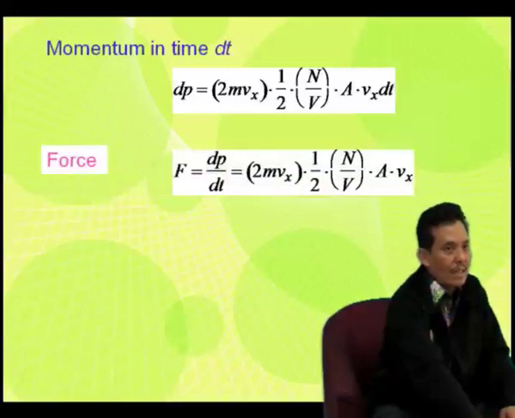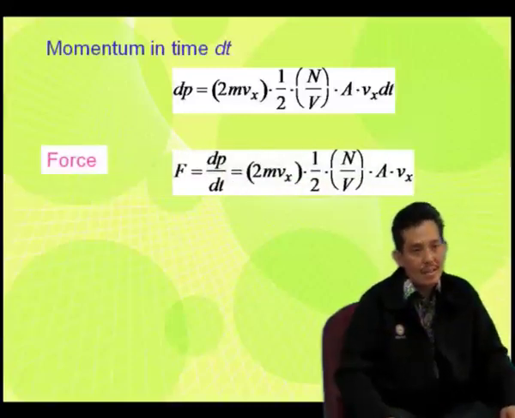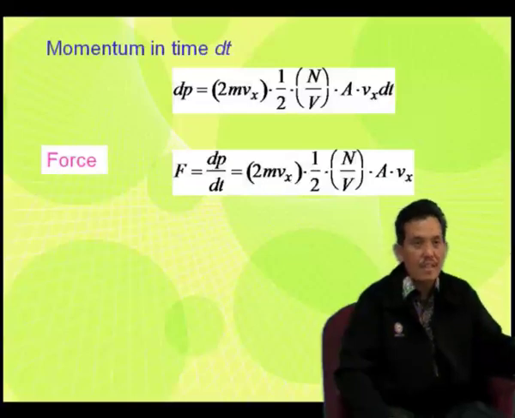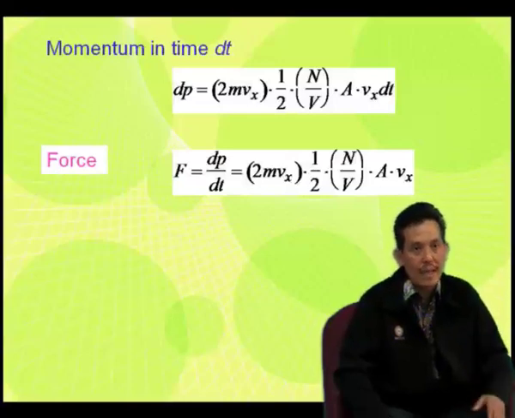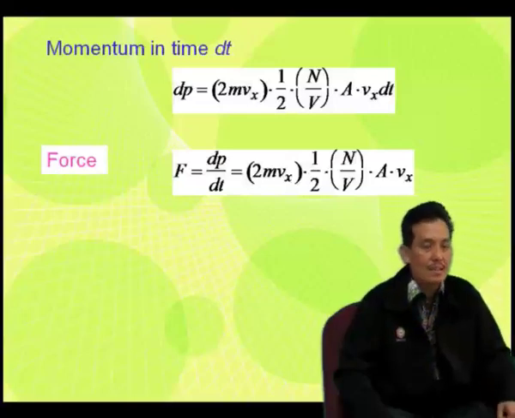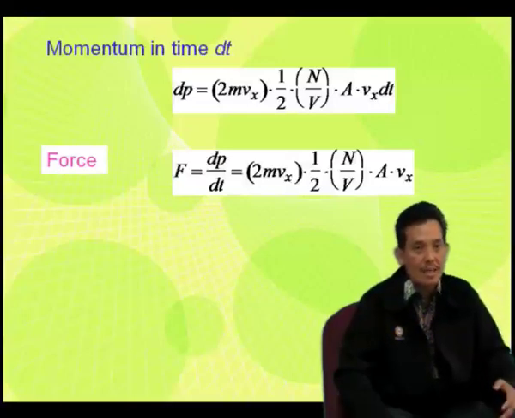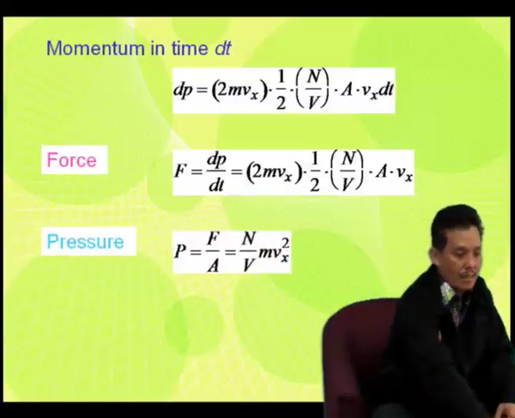So very clear, I think. And the force, as given earlier, F equals dp per dt. So then we get this equation: 2m Vx times half times average density times surface area times the speed of the molecules of the gas.